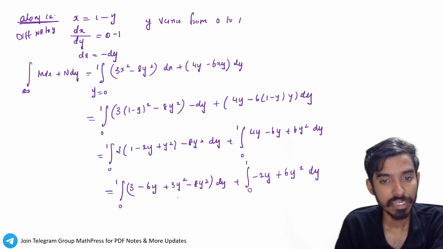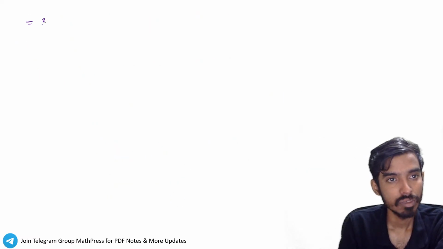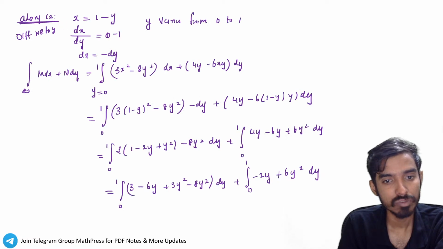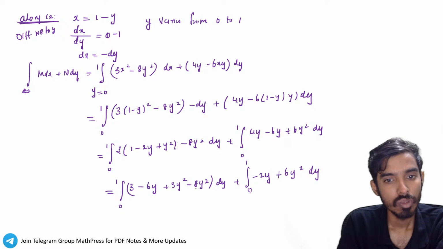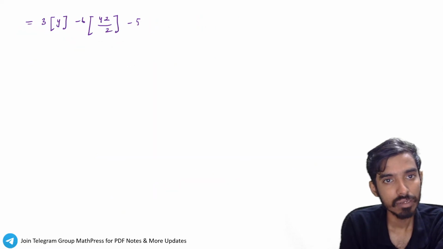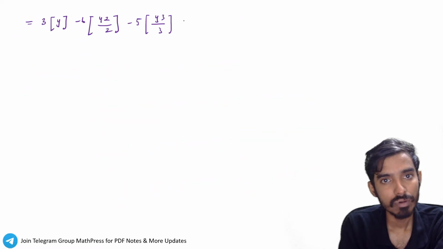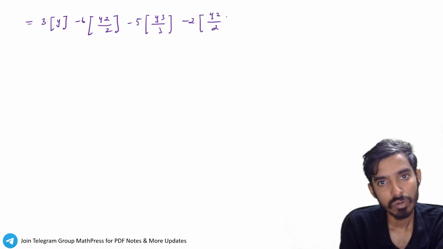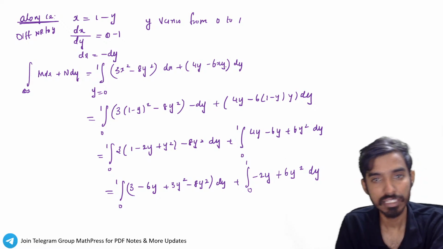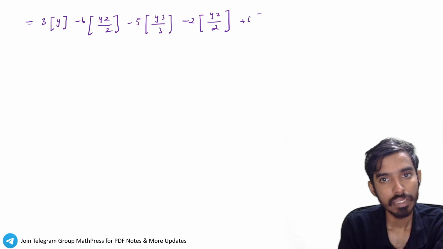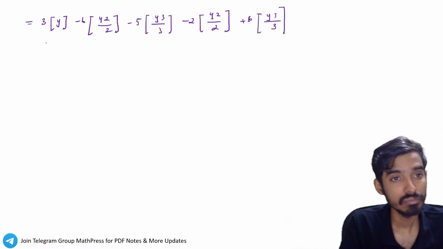To perform this integration, 3 times the integration of dy is y, minus 6 times the integration of y is y square by 2. Here you will have minus 5y square, whose integral is y cube by 3, and here you will have minus 2 times the integration of y dy, which is y square by 2, plus 6 times y cube by 3. Everything with y varying from 0 to 1.